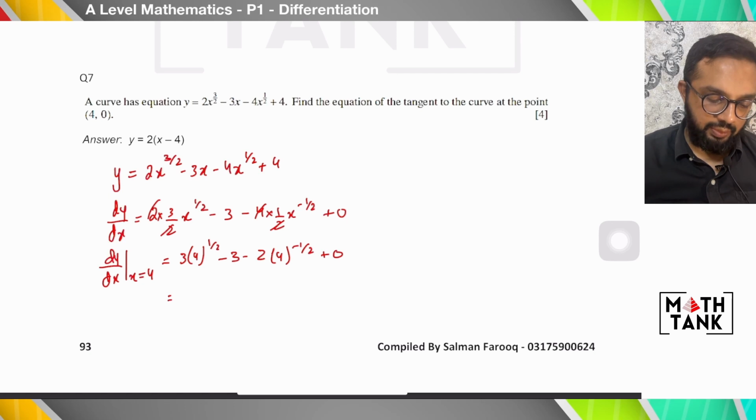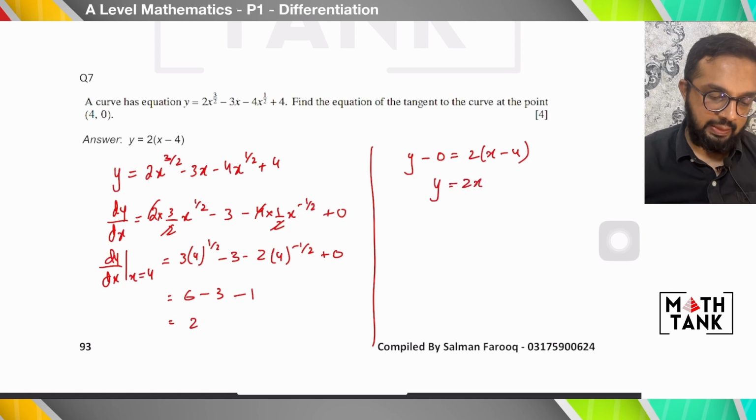Okay, so that gives me 3 times 2 is 6 minus 3 minus 1, and that gives me 2. So then I can go on and construct an equation, y minus y1 equals m(x minus x1). So I get y = 2x minus 8. I think that's relatively simple.